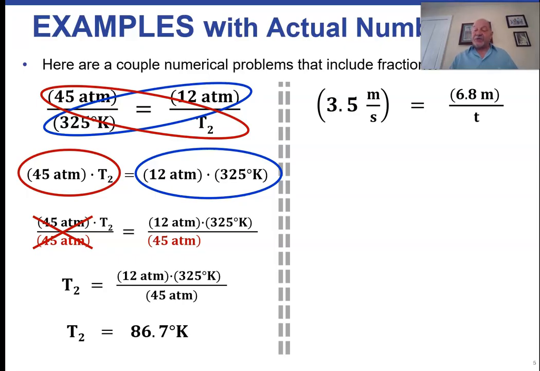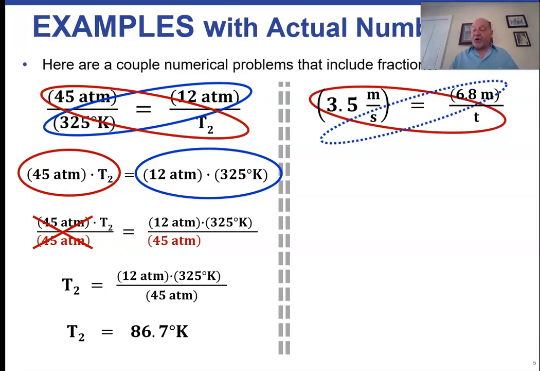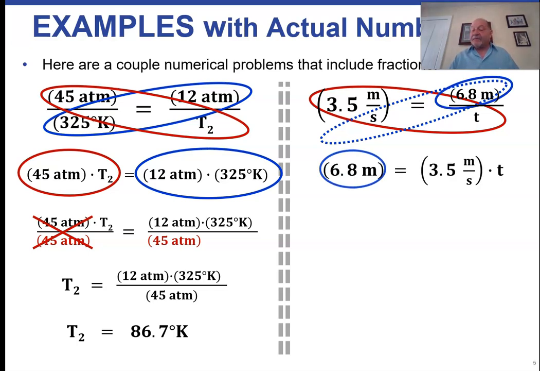Well, we solve for time by doing a cross multiplying. The 3.5 is multiplied by the t, and the 6.8 does not have a partner. So we rewrite that as 6.8 meters equals parentheses 3.5 meters per second times our unknown time.